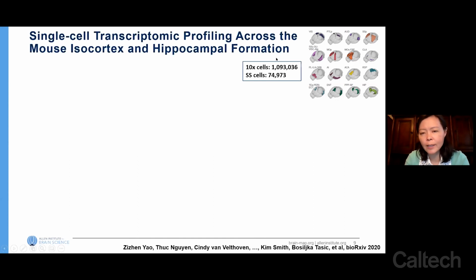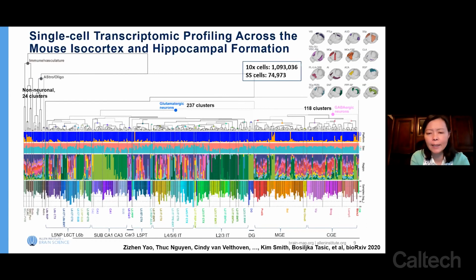In this large-scale study, we used both 10x and SMART-seq approaches, totaling more than 1.2 million cells. We combined the data together and generated this very large integrated transcriptomic taxonomy. Furthermore, we used the marker genes identified from all the different clusters of this taxonomy tree and their in situ expression patterns to identify the anatomical location of all the different clusters or types.